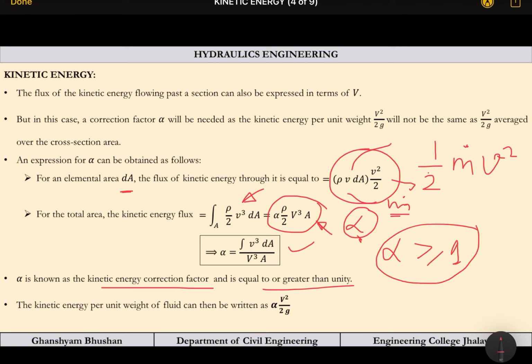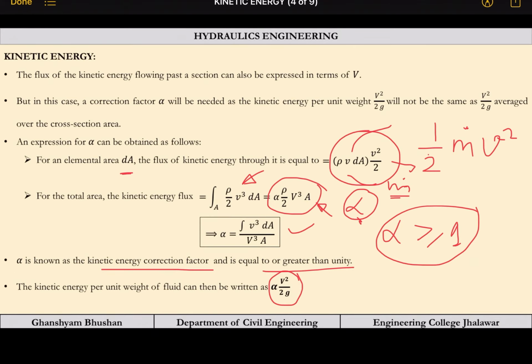If whatever v we are taking is equal to the mean velocity, then it will be 1, and otherwise it will be greater than 1. So the kinetic energy per unit weight of the fluid can be written as alpha times the mean velocity square by 2g. Okay, so this is the case of alpha, that is the kinetic energy correction factor.